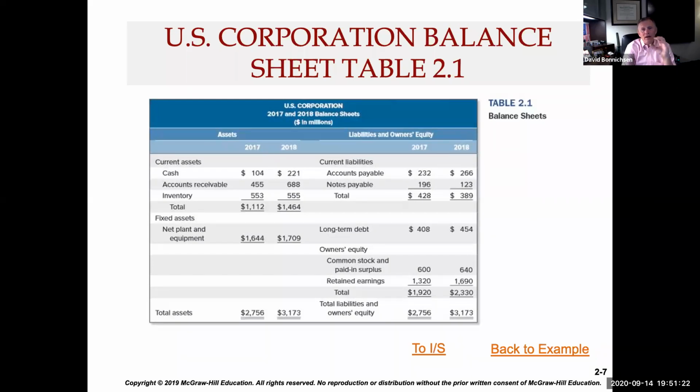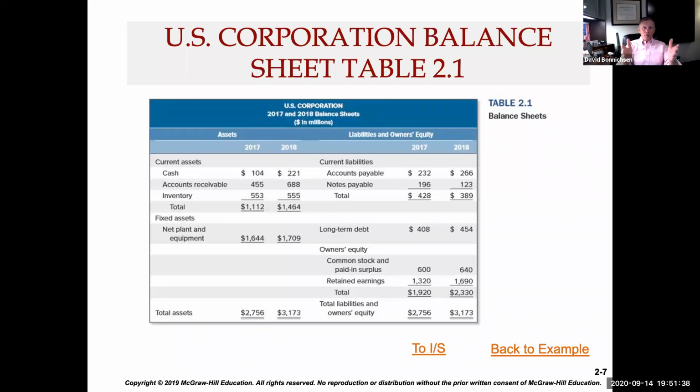But go ahead and start setting up your balance sheet and your income statement, because when you start working through problems, the last thing you're going to want to do is spend 15 or 20 minutes setting the framework up just to get the numbers plugged in.